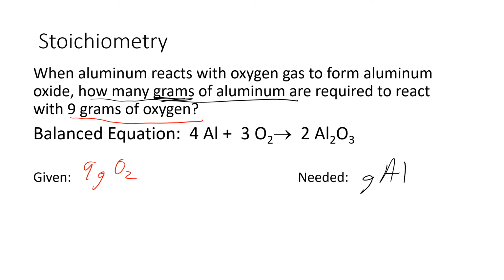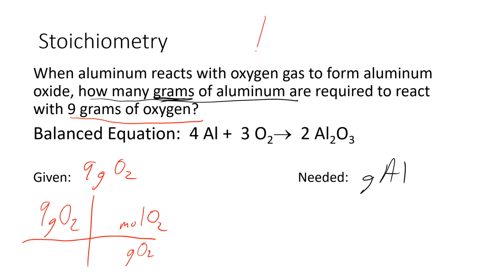All right, so we're going to start with the 9 grams of oxygen. All right, and we need to get out of grams. So getting out of grams of oxygen, using the periodic table, we can get to moles of oxygen. Again, on the periodic table, oxygen on the bottom will have basically 15.998 something or other.